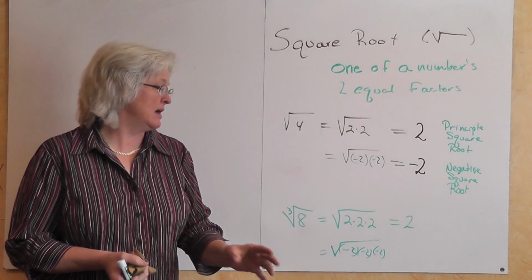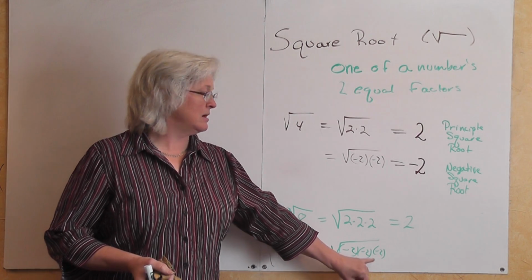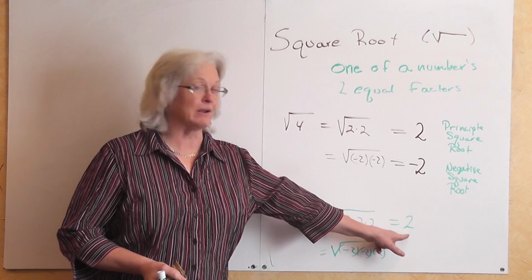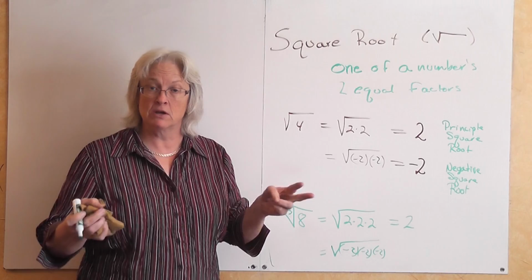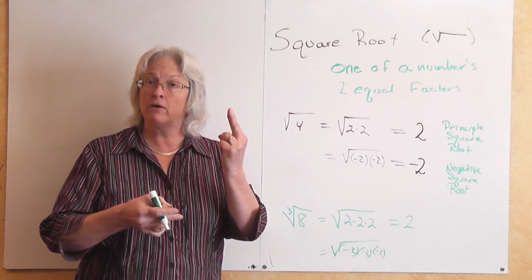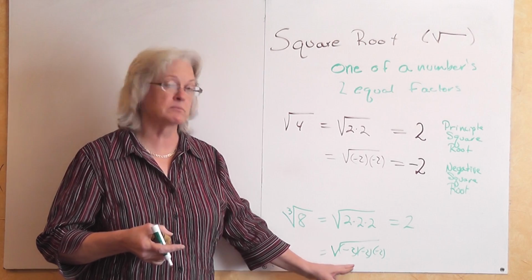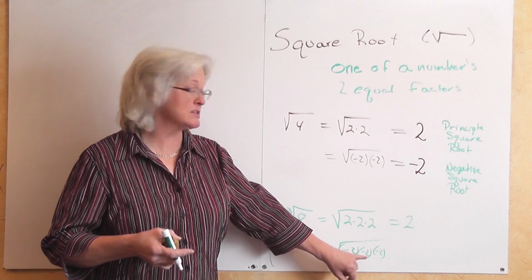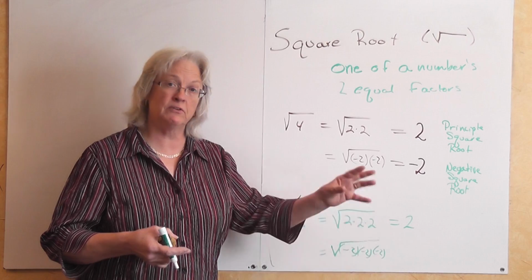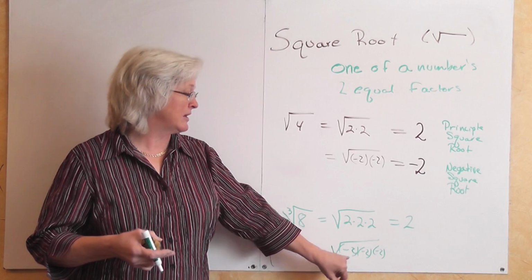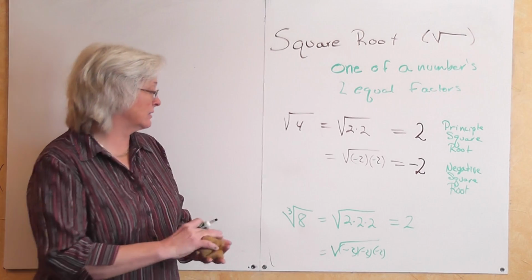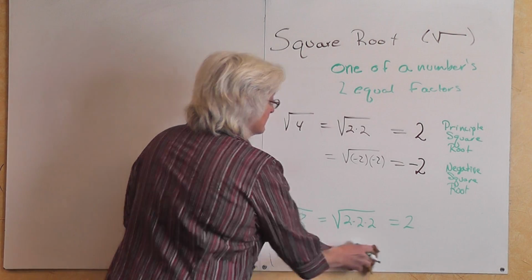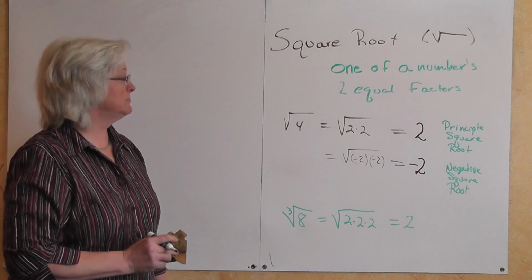You can never have an odd number of negative factors that result in a positive product, because every pair of negatives is positive when you're multiplying them together. But when you have a positive factor and a negative factor, the product's always going to be negative. So all of that summarizes into cube roots are always positive.